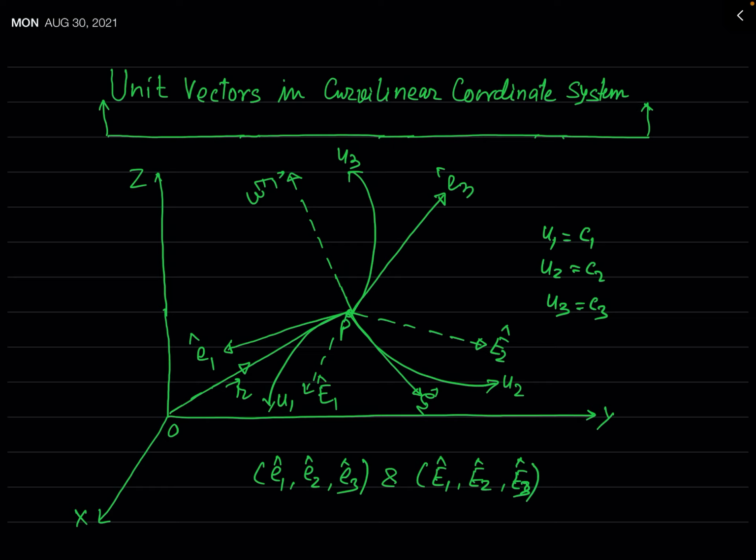In fact, the unit vectors small e1 hat, e2 hat, and e3 hat are the unit vectors along the tangents to the coordinate curves.